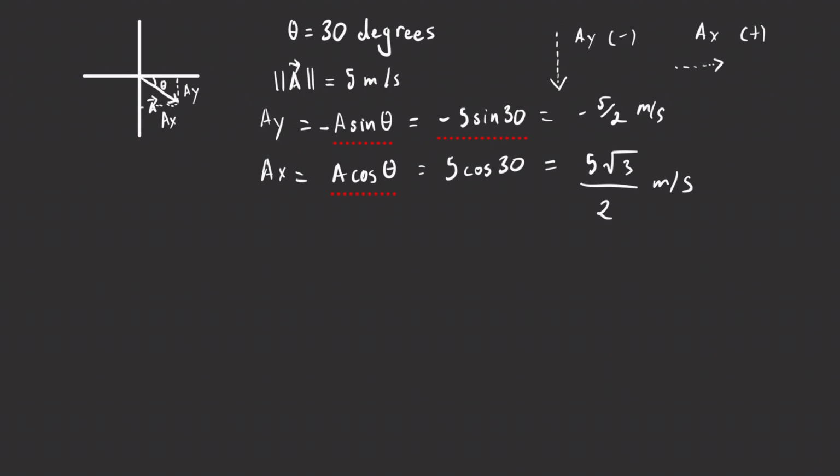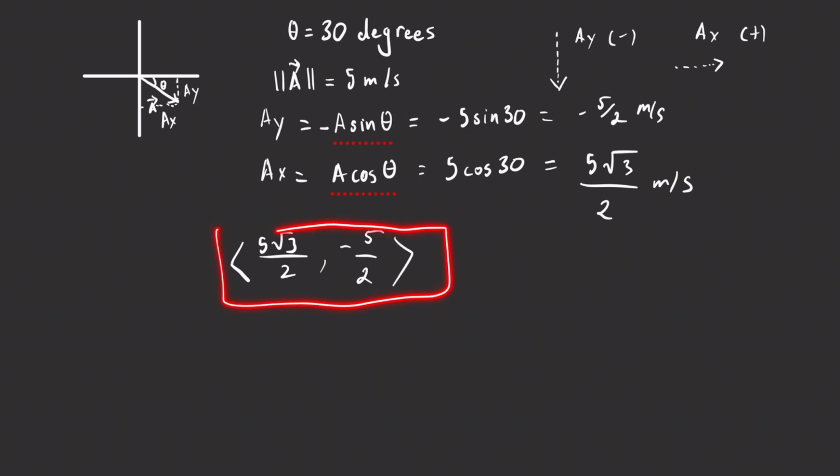We can write our units. And now we can go ahead and write this in proper vector form as 5 root 3 over 2, negative 5 over 2. And so this vector, this notation effectively represents this vector that we drew here.